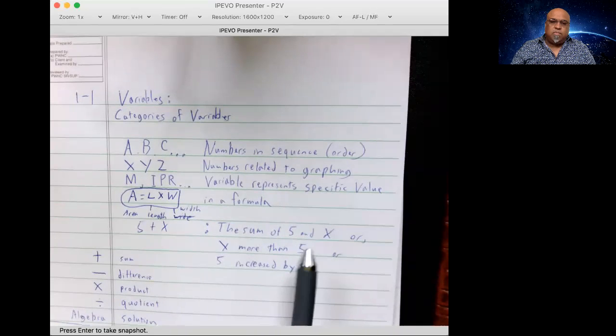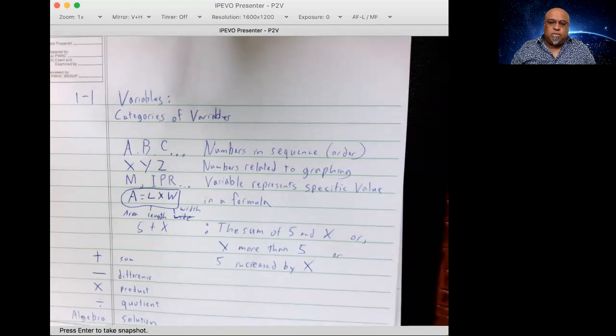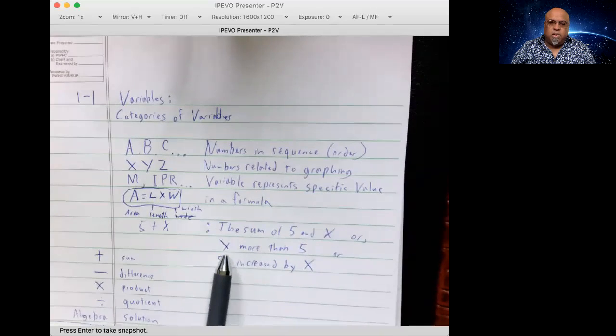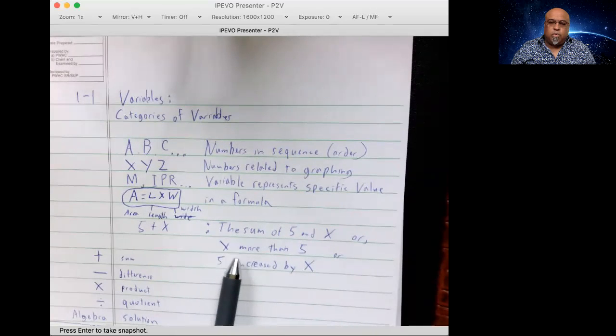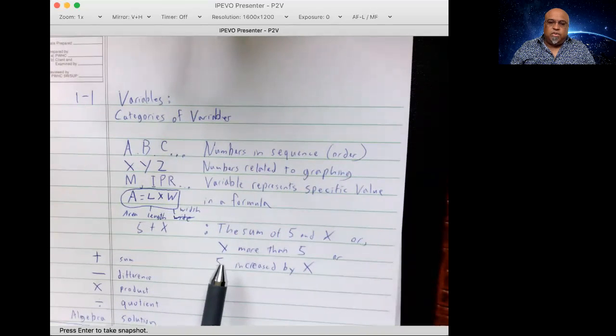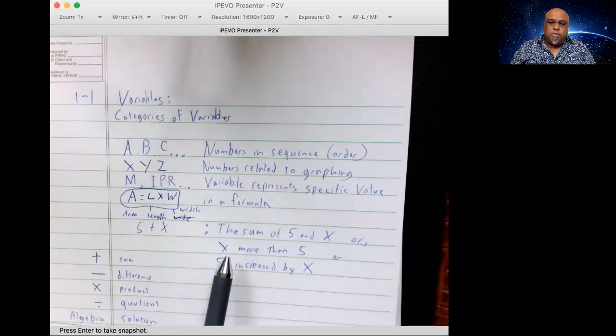But look at how the language changes when we go to the second one. So I have 5 plus x, but here I say it is x more than 5. The order changes, okay? So you need to be careful. If you come up with something that says x more than 5, a lot of people might say x plus 5, okay?